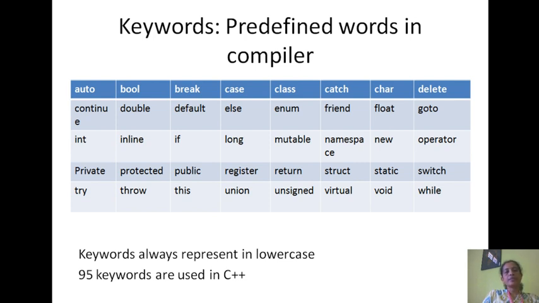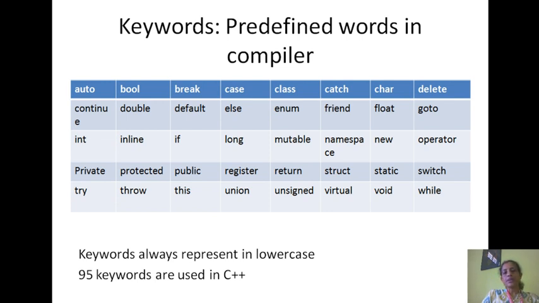The first basic block of C++ is the keyword. A keyword is a predefined word in the compiler. When we use a compiler, some words are already defined in every compiler, and these defined words are called keywords.